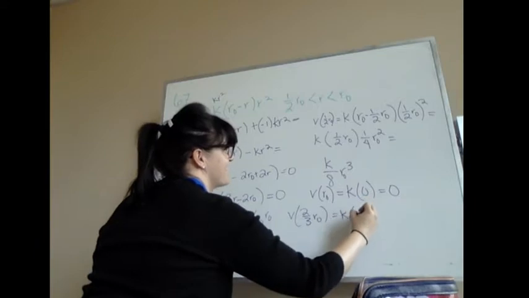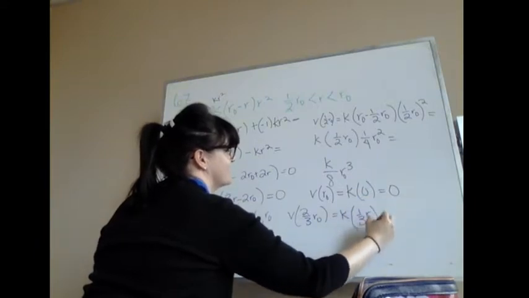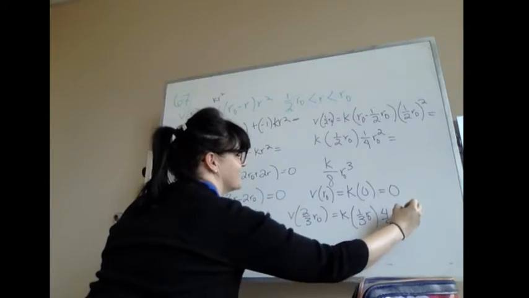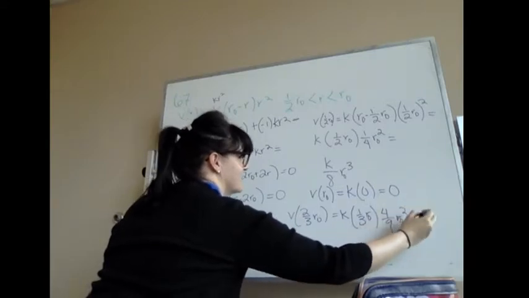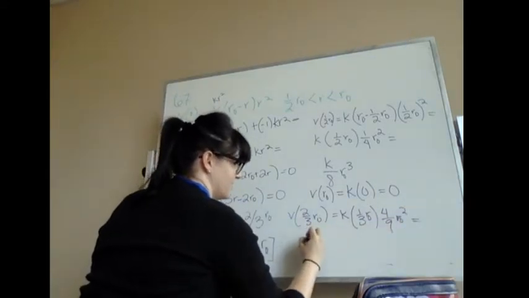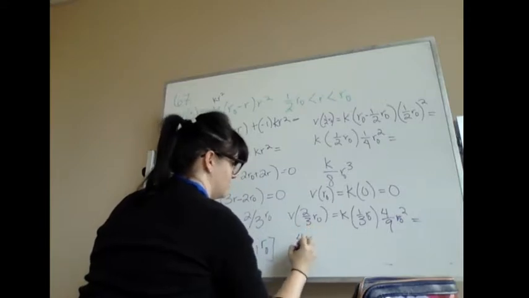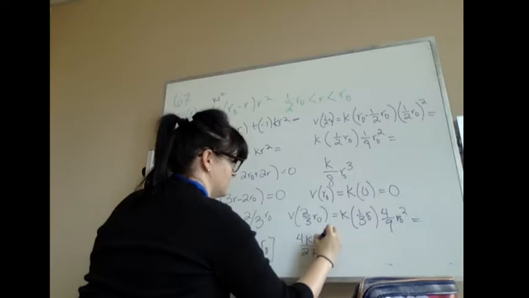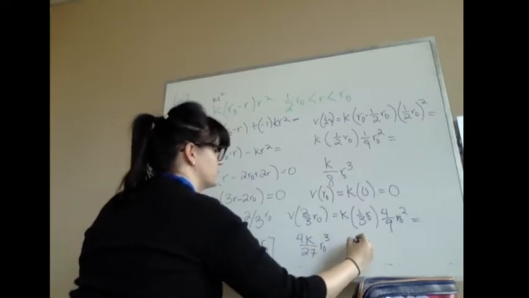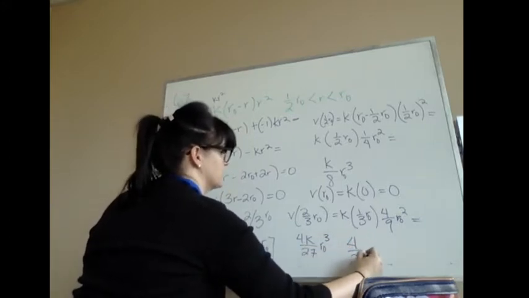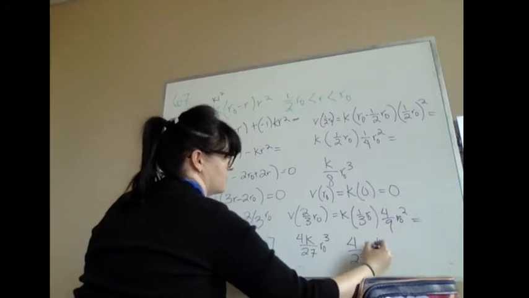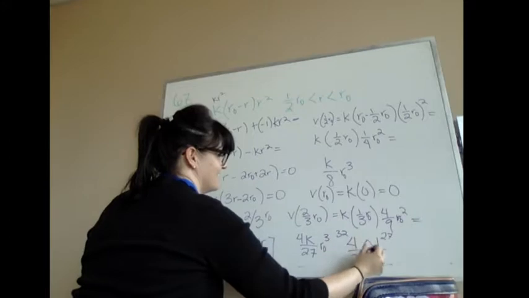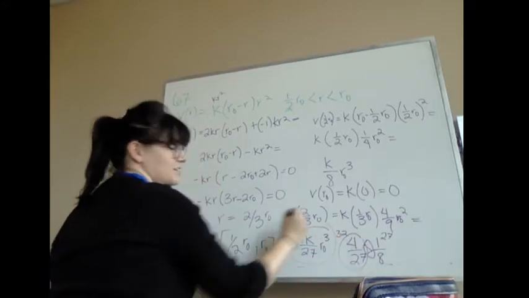Times 1/3 R naught times 4/9 R naught squared. That looks like a V. Which equals 4K over 27 R naught cubed. So really all we're doing is comparing 4/27 to 1/8. Old-fashioned way: 27, 32. That one's bigger.